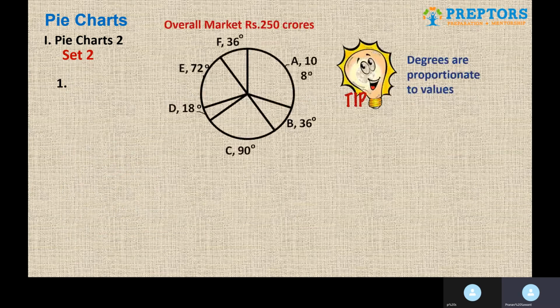Now guys, over here, if you observe, they gave us the values in degrees. Now degrees means we don't have to take anything different, because degrees are proportionate to values only.